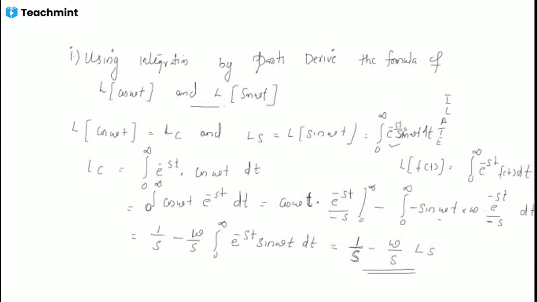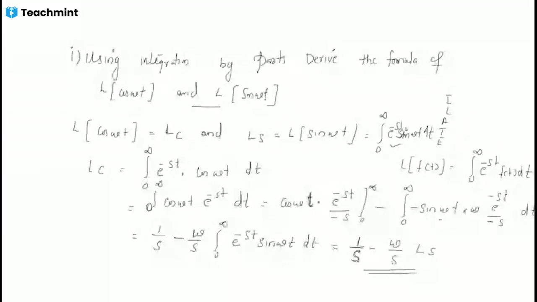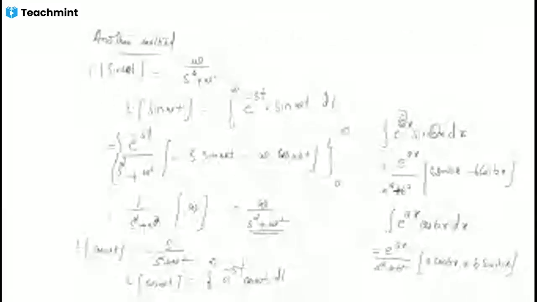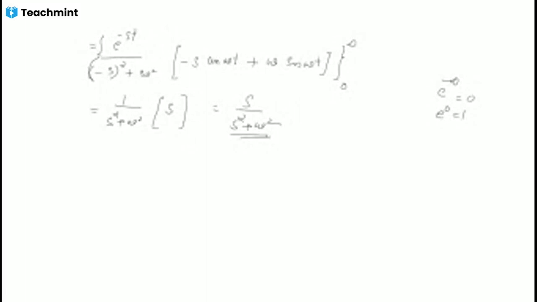Using integration by parts, we can derive the Laplace transform of sine and cosine. Next one is e raised to x into sin bx and cos bx. Okay, thank you.